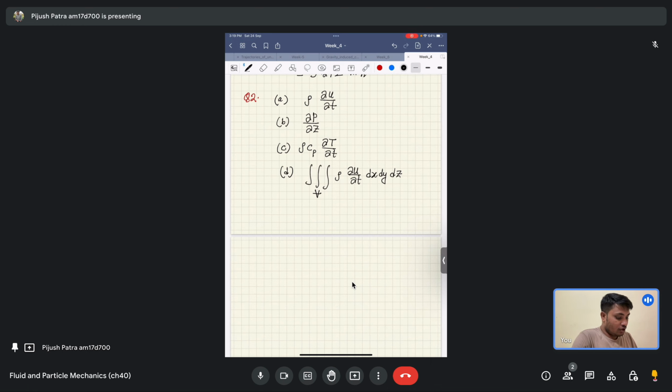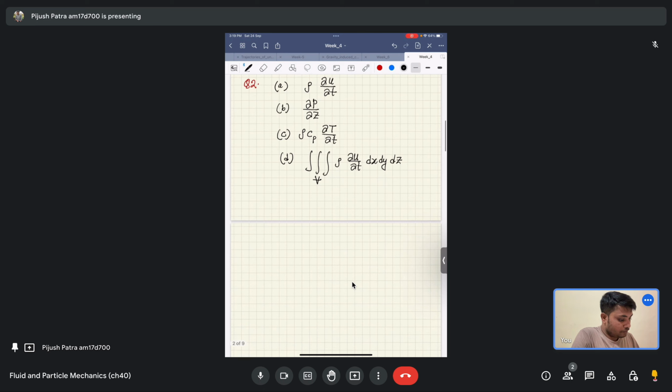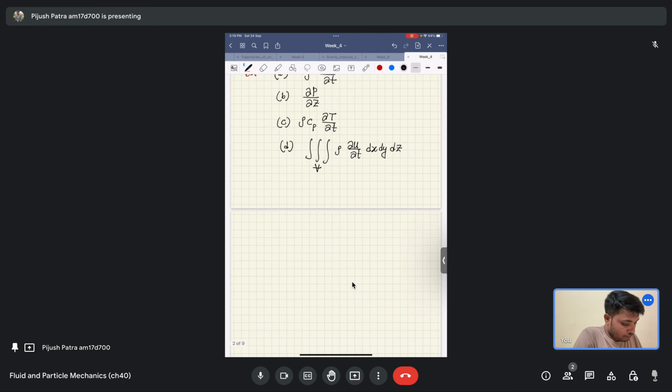So what is the dimension of rho? Its unit is kg per meter cube, so M L to the power minus 3.